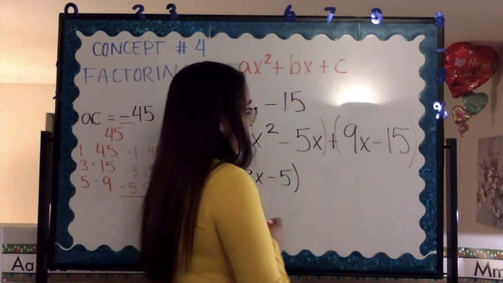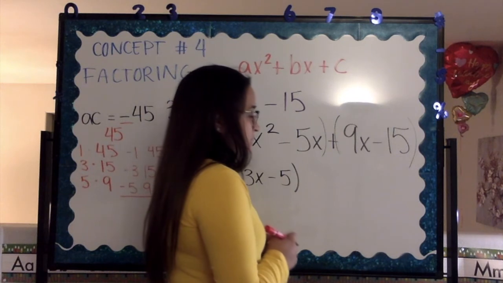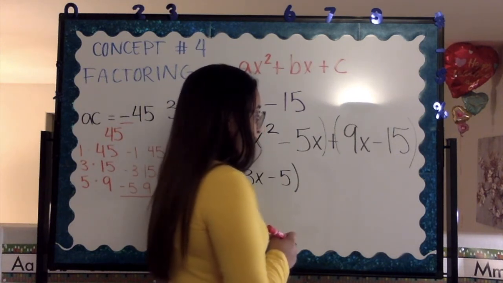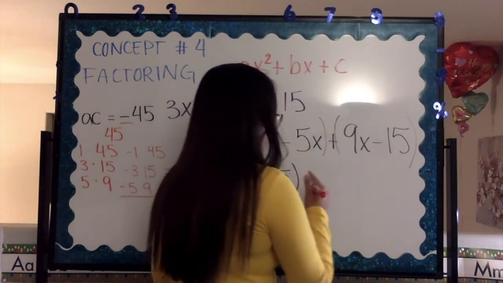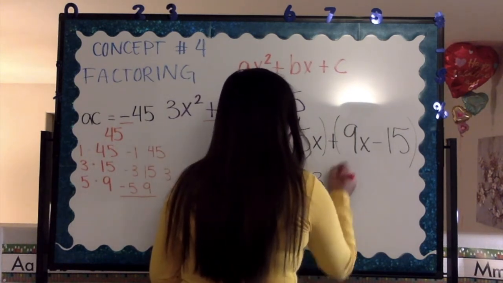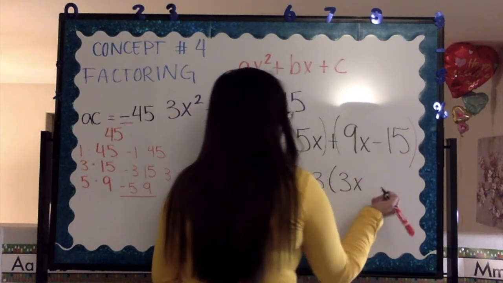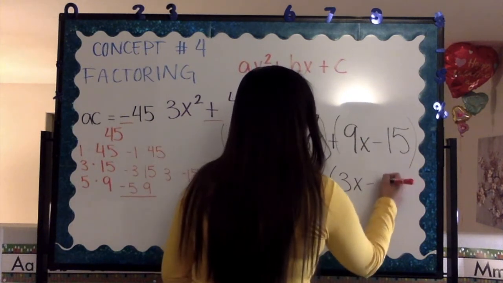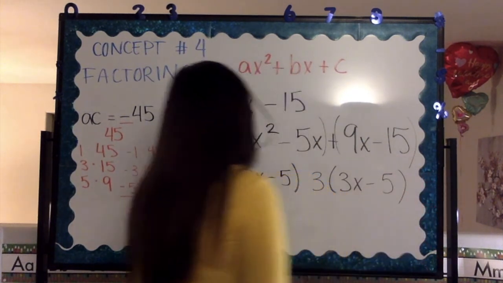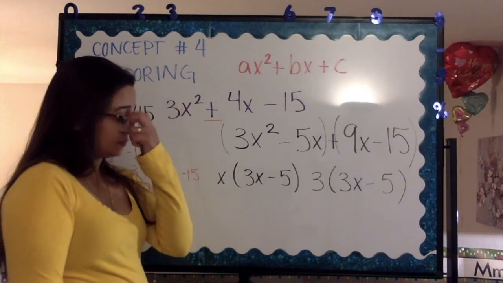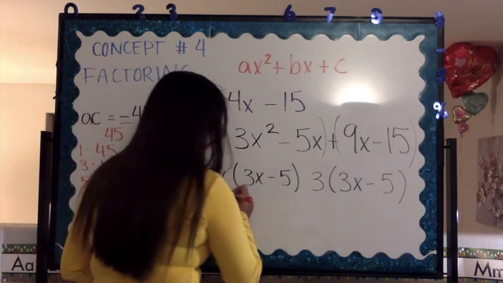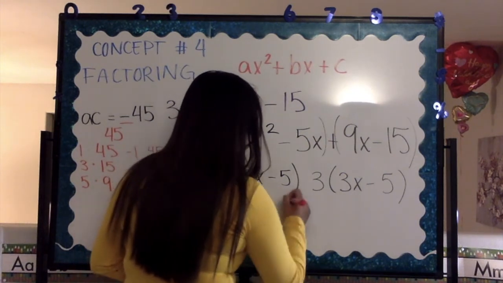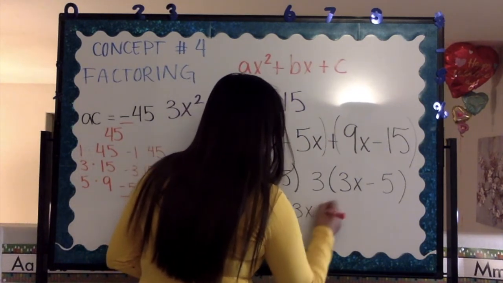In this case, my greatest common factor would be 3. 3 goes into 9 3 times, so I would have x plus 3. And 3 goes into 15 5 times, so minus 5. Now again, I group my numbers, x plus 3 and 3x minus 5.